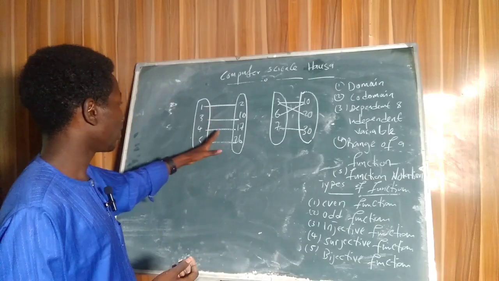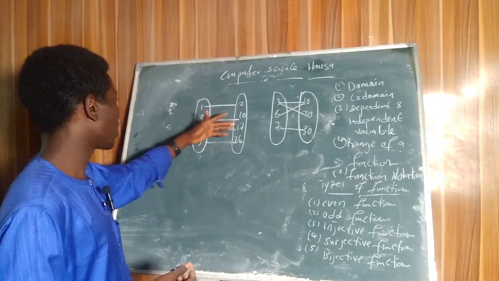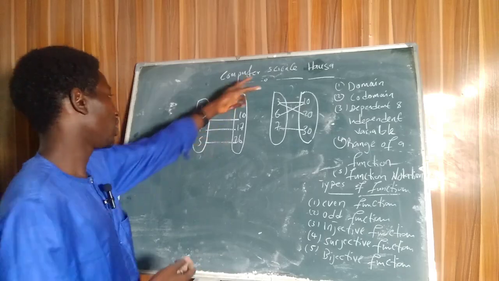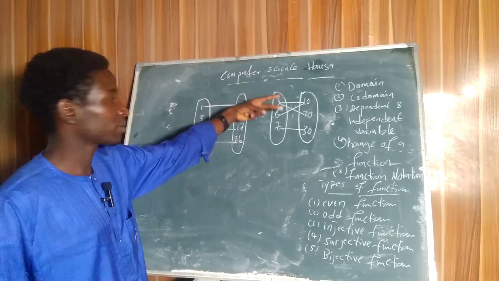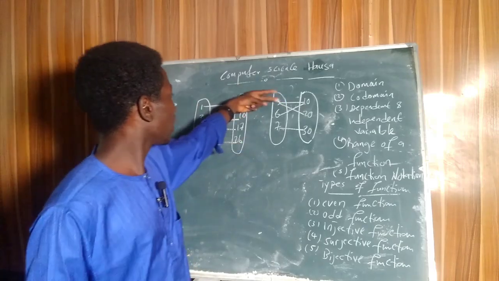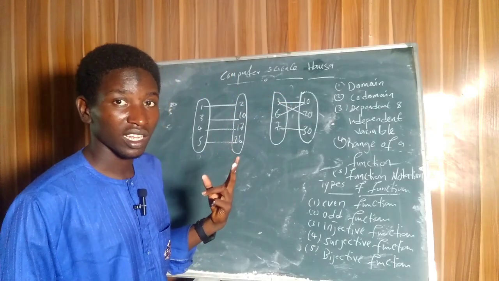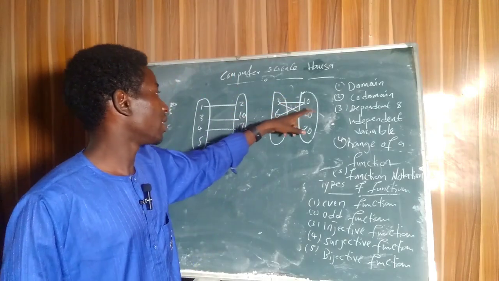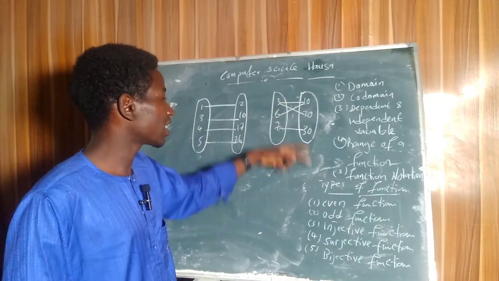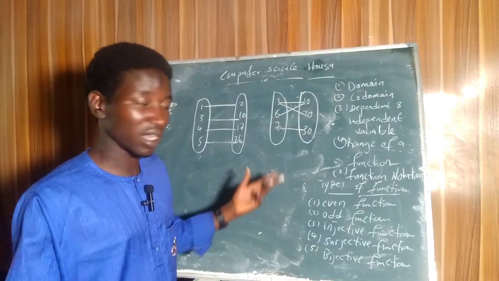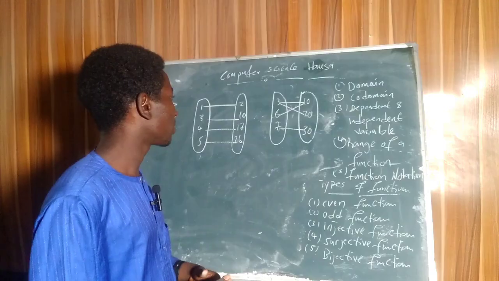So this is 1 to 1 because one element goes to one element. This is what 1 to many looks like, right? So if now it does this, this 3 maps to two elements in the codomain. So this is not an injective, but just a mapping, right? It's a mapping but it's not injective.